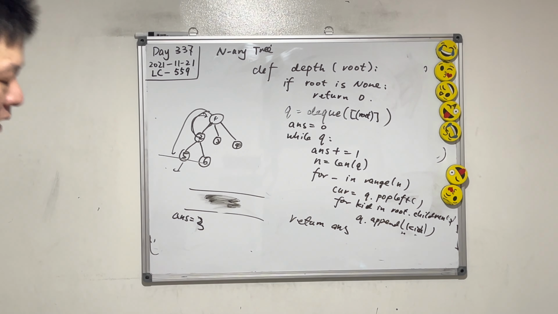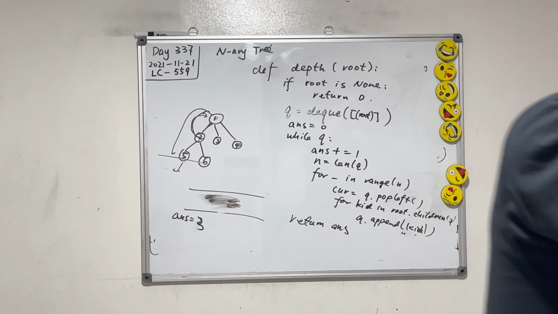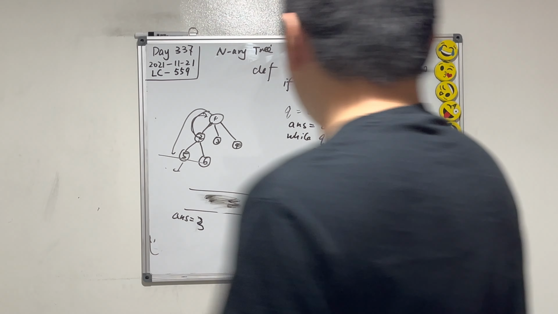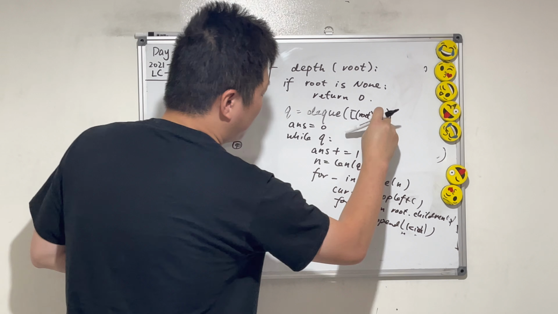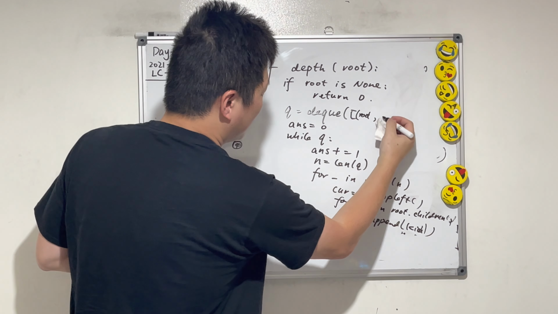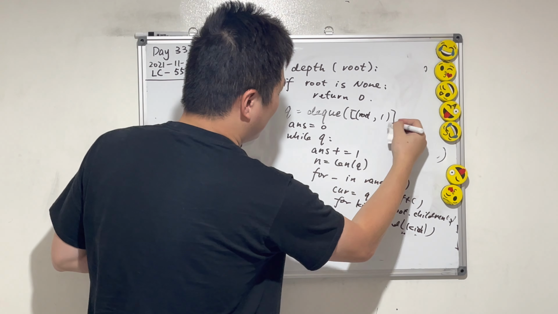There's another way of writing this breadth search, which is to append the node and its level at a time. Instead of pushing the single root, I push a tuple, which at the beginning is the root and 1.